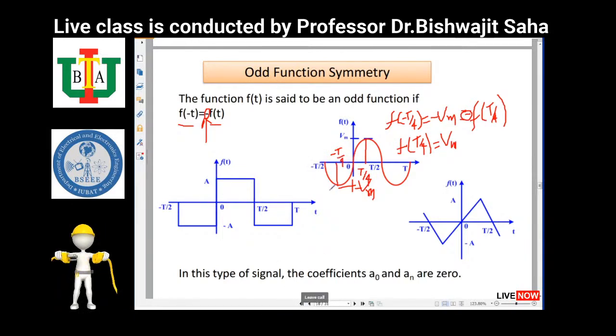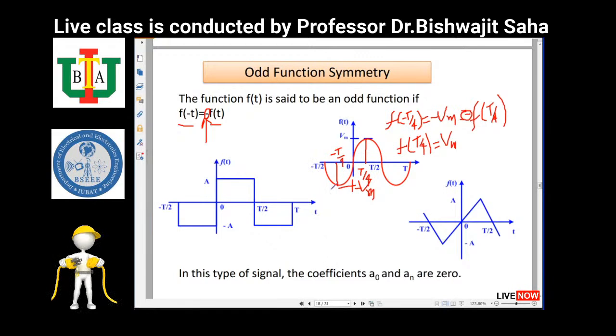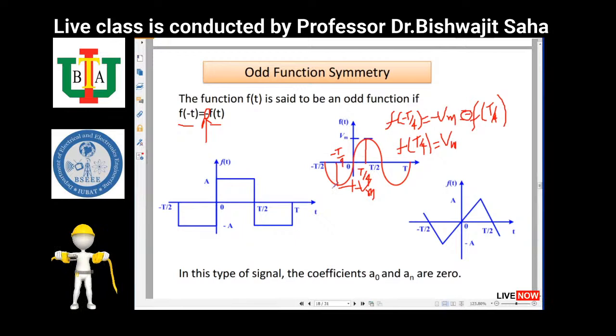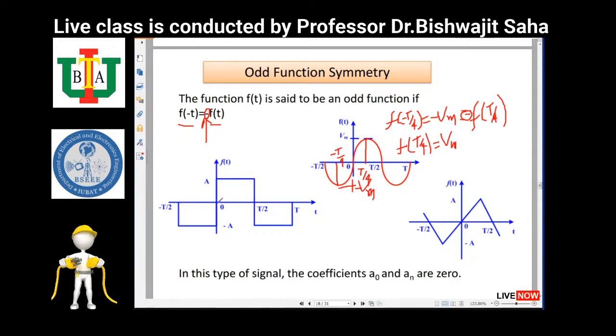Yes, what is the question? You need to calculate for one cycle. It does not matter whether it is positive or negative.